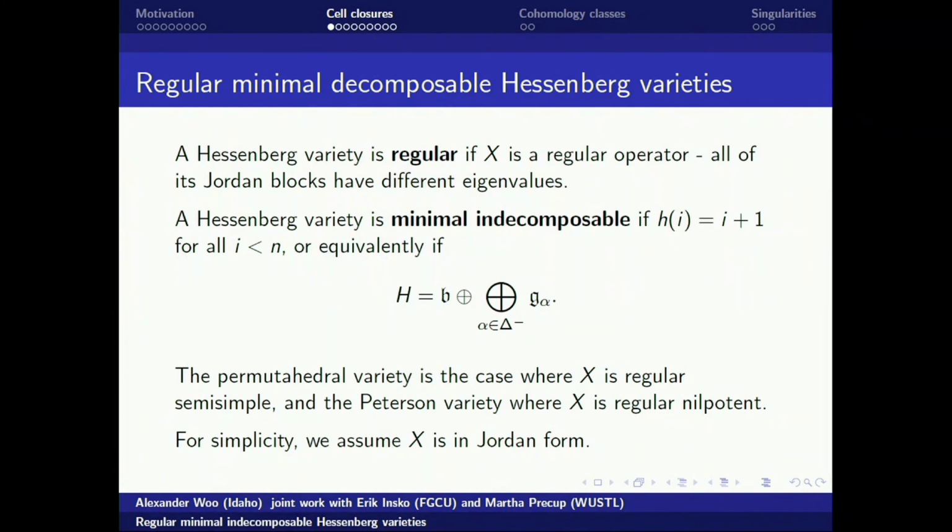Okay, so there are two well-studied cases of this. If you take this particular H and X being the regular semisimple element, this means that you just have a diagonal matrix with different eigenvalues.